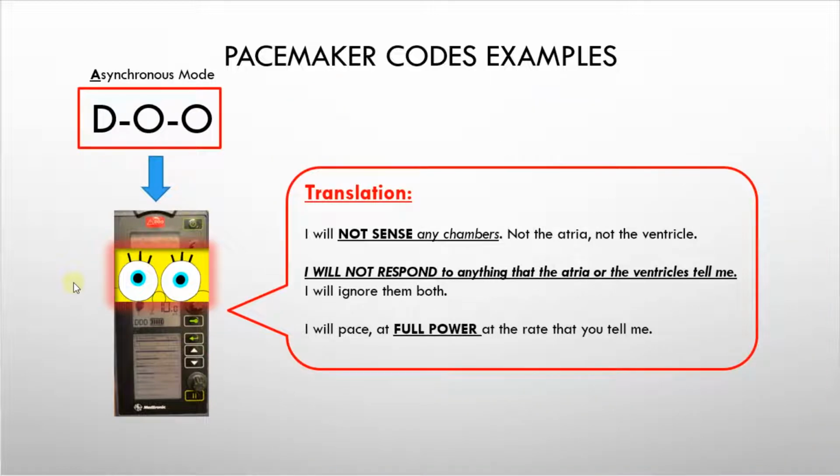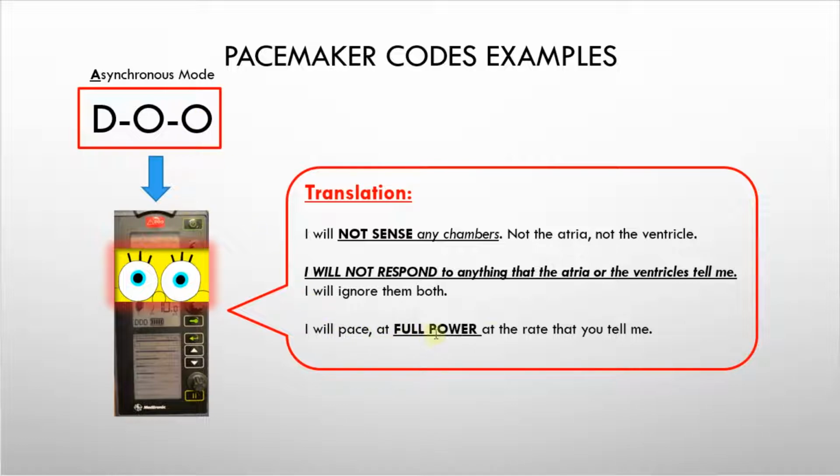Okay, which brings us to our asynchronous mode, which is DOO. So if we put DOO into the pacemaker, the machine will think, okay, I will not sense any chamber, right? O, zero, do nothing. So sensing nothing. I'm not going to sense the atrium or the ventricle. I will not respond to any atrial or ventricular stimulus, meaning response, zero, don't respond.